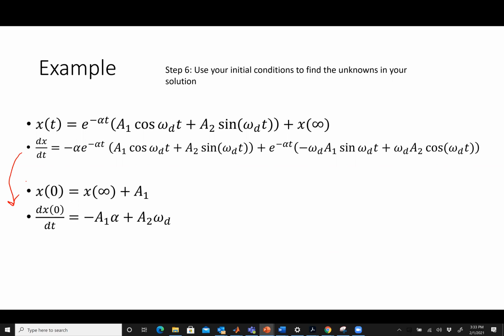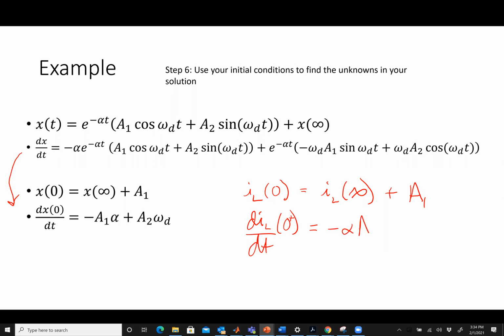In this case, I have IL of 0 equal to IL of infinity plus A1, and dIL by dt of 0, technically 0 plus, equals negative alpha A1 plus omega D times A2.